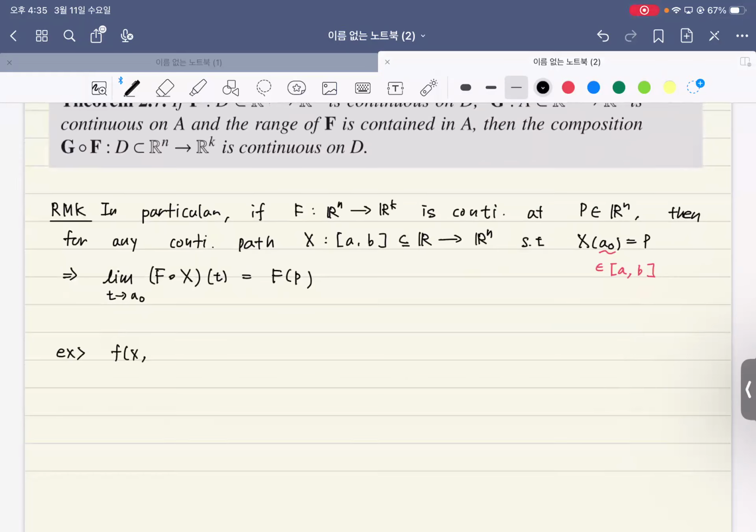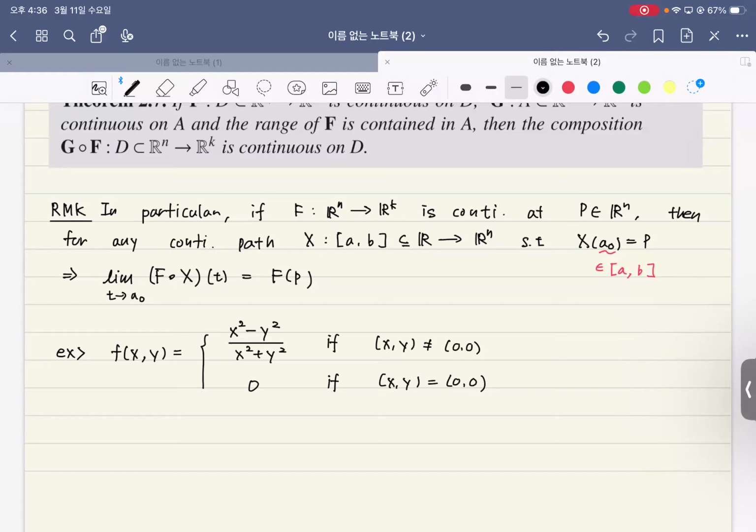I have a function x squared minus y squared over x squared plus y squared, if x comma y is non-zero. Suppose that I have such a function.